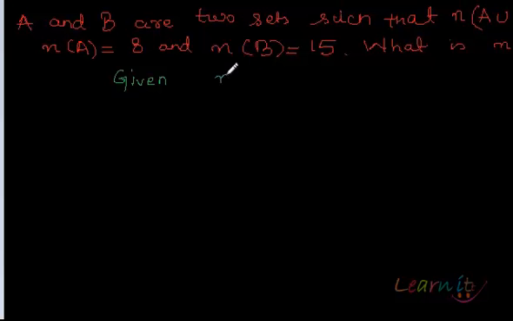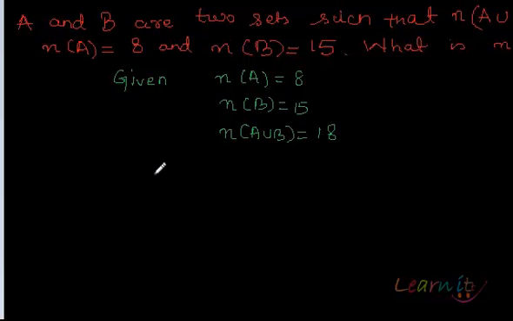So we are given n(A) equals 8, n(B) equals 15 and n(A union B) equals 18. Now what we need to find out is n(A intersection B).